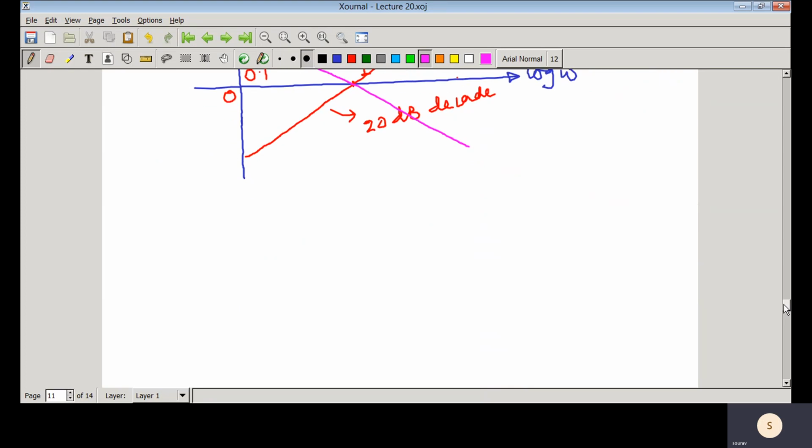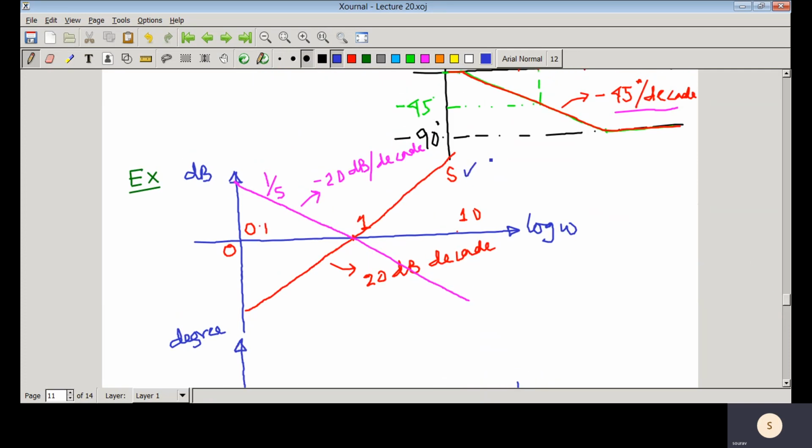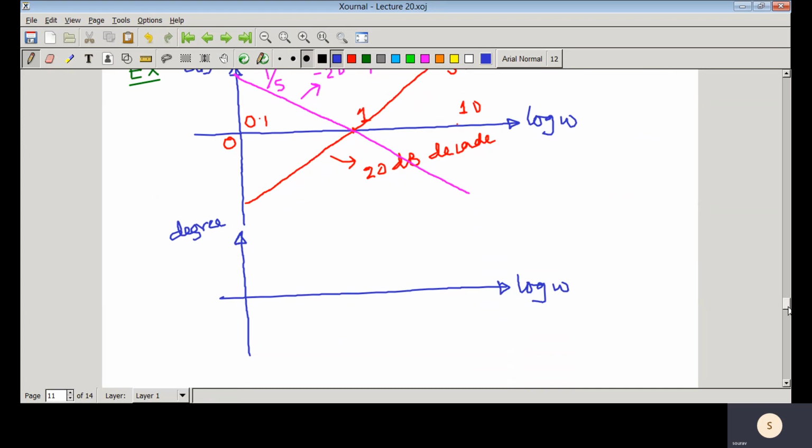So let us see what would be the angle. So this is log of omega, and here we have the degree. In case of S, we have seen that the angle would be 90 degrees, so it remains constant through all frequencies.